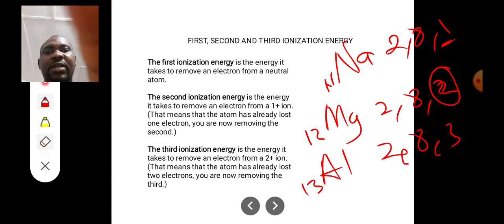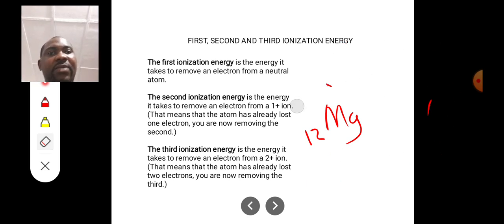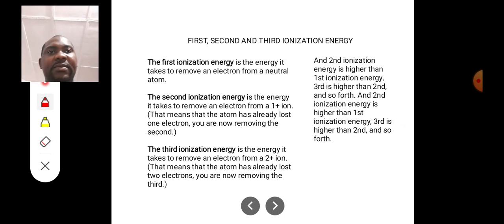Now I want to bring something also to your notice here, and this is very examinable: the second ionization energy is obviously higher than the first ionization energy. Remember, we said that when an atom loses an electron, the nuclear charge increases. That means the attraction of the electrons towards the nucleus increases.